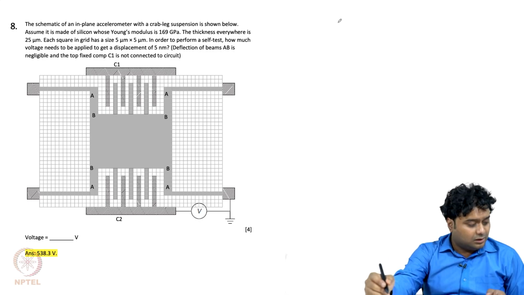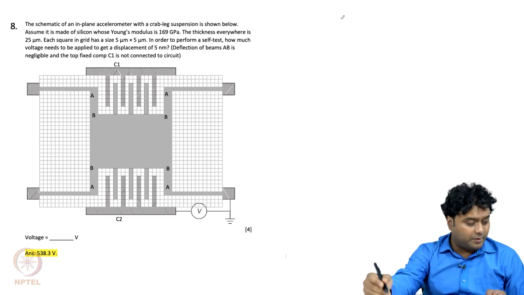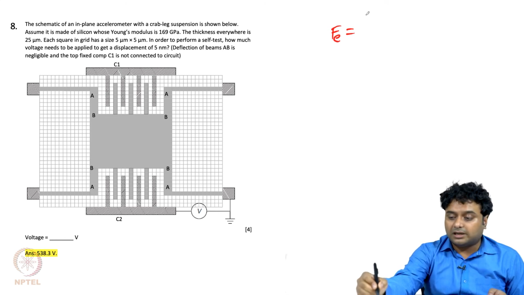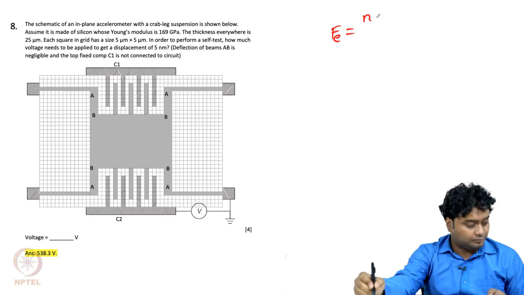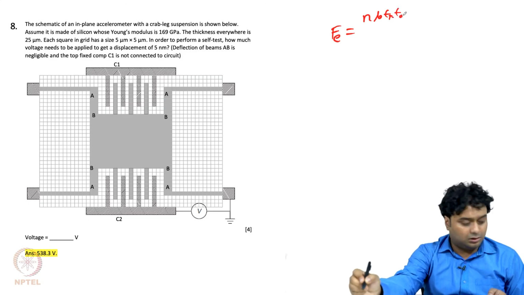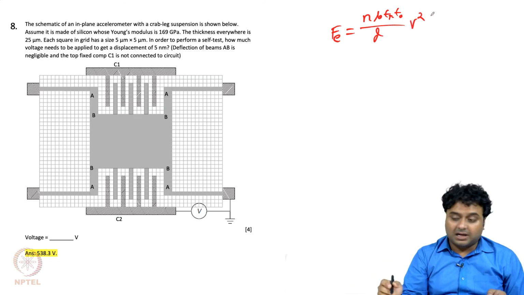Earlier, in lecture 2 of week 2, we discussed the comb actuator, and there we derived this formula, where the electrostatic force for this kind of comb actuator is given by N b epsilon R epsilon naught divided by d into V square, where V is the applied voltage and N is the number of combs present on the dynamic mass or the proof mass.